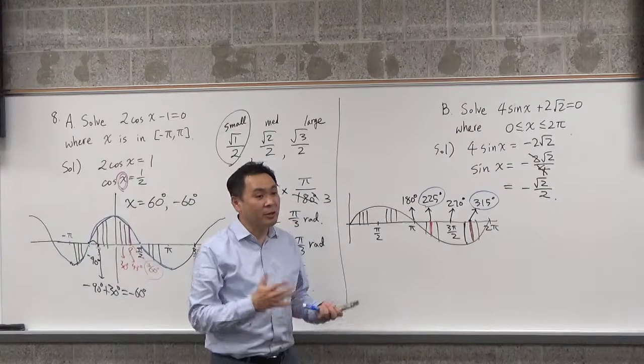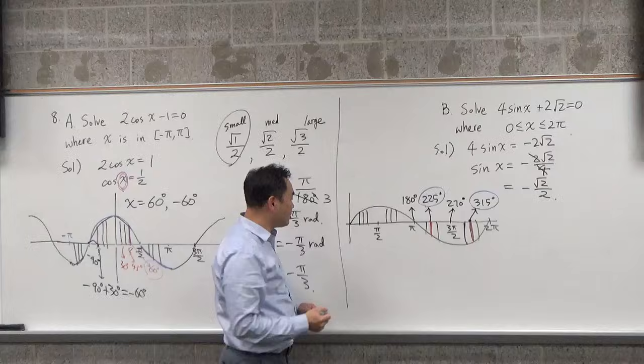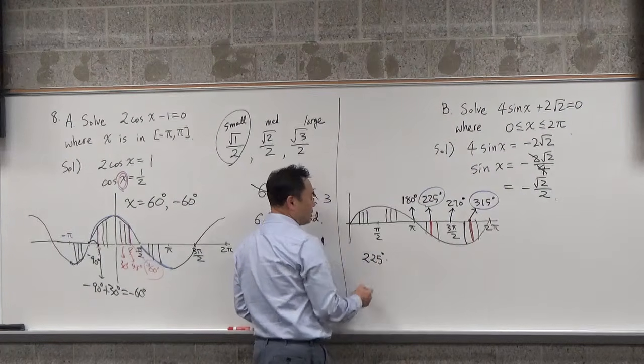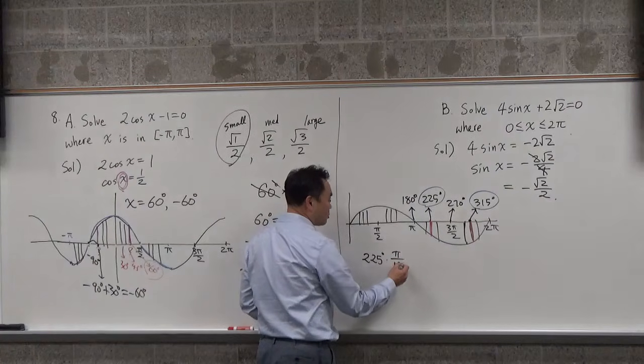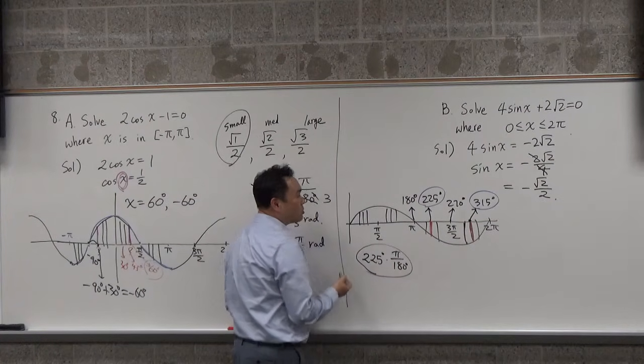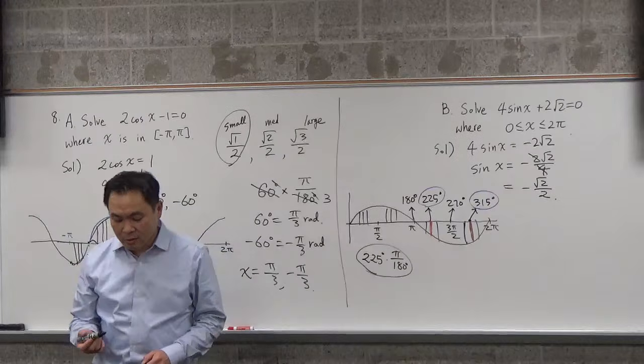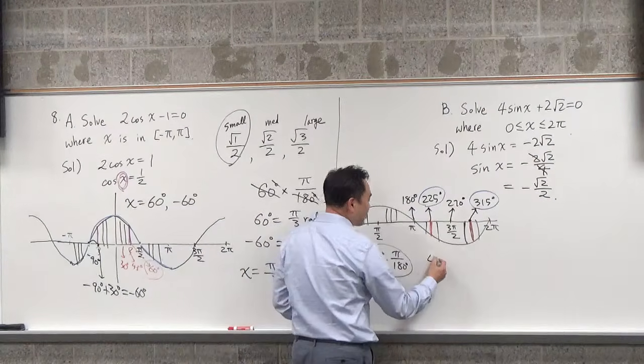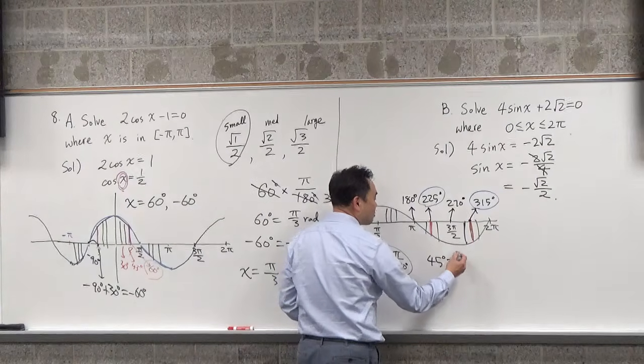But again, you have to convert that to radians. And as I said, you multiply degrees by pi over 180 to get the radians. So that's one way to do it. But when it comes to special angles, you should just memorize that 45 degrees is pi over what?